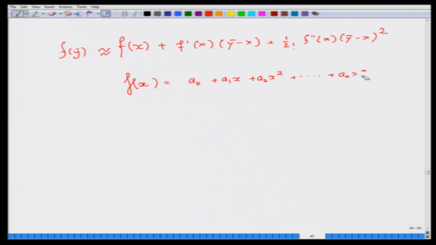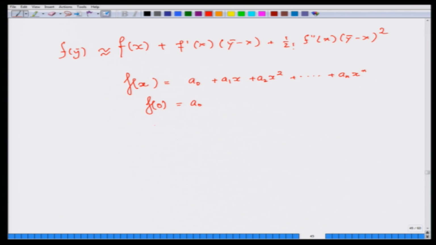So, what I want to say is that suppose f is this and f is differentiable n times, then what is your a0, what is your a1? Now, you see f of 0 here is a naught.